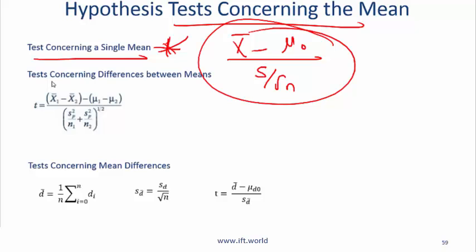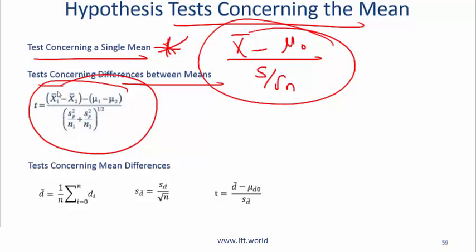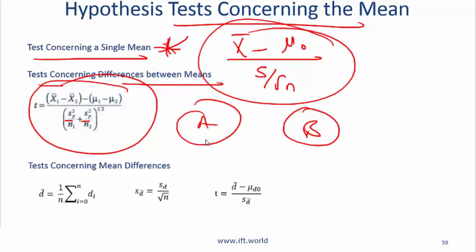You might also have to deal with a test concerning differences between means, and very occasionally this can show up on your exam. So this is the test stat for a situation where you are testing concerning the differences between means. So you have two populations, and if the two populations have the same variance, then you use this formula. There might be a situation where you have two populations A and B where the variance is different.